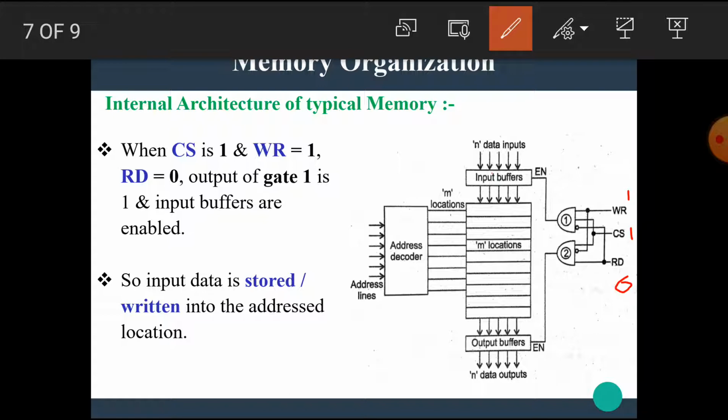Therefore gate 1 has the output 1 and gate 2 has output 0. Therefore the input buffers are enabled because gate 1 has the value 1. So the data is stored or written into the address location. Here input buffers are enabled so we can write data into the memory through N data input lines.